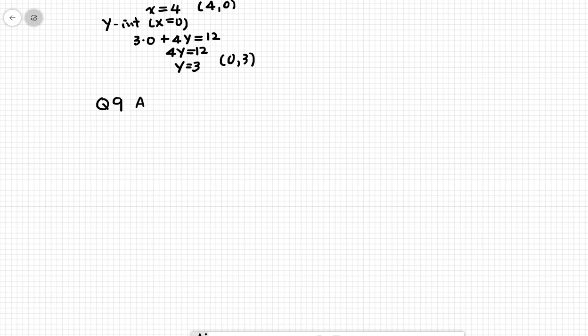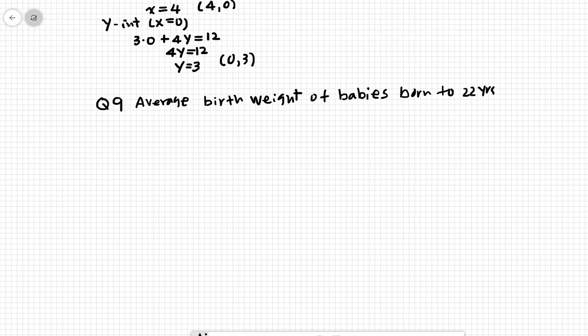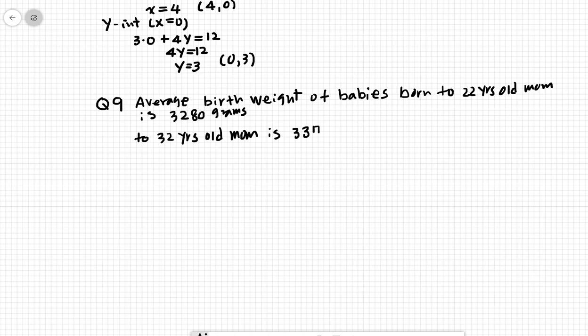The average birth weight of babies born to a 22-year-old mom is 3,280 grams, and to a 32-year-old mom is 3,370 grams.